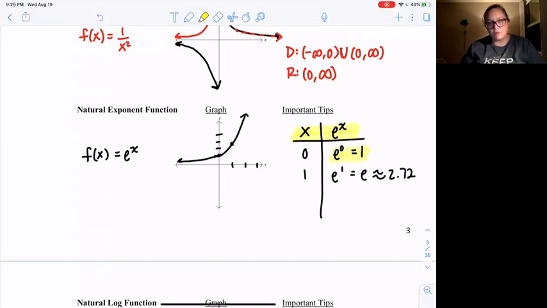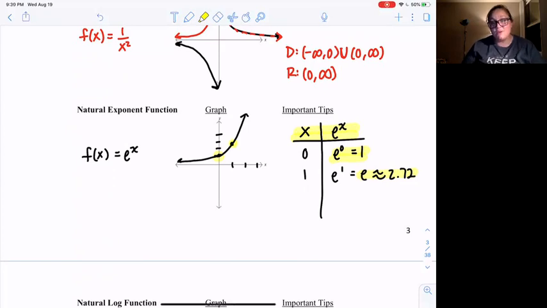Why is that something I want you to put down? Because that is an easy point to remember. So you go ahead and put that first point down. The second thing you're going to do is, what's when x is 1? Well, when x is 1, that's just going to give us the value of e. E is approximately 2.72. So I tell people, go to about 2.5 and go up just a little.